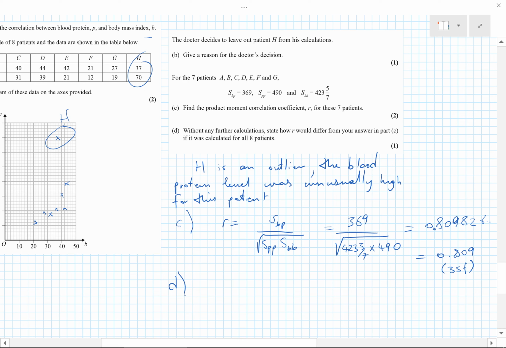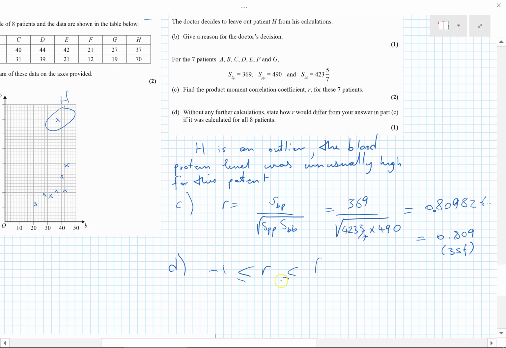A bit of relief towards the end of the paper. D, without any further calculation, state how r would differ from part C. It's only 1 mark. Well, they're going to be more spread, more scattered, so there's going to be less correlation. Remember, r lies between -1 and 1.